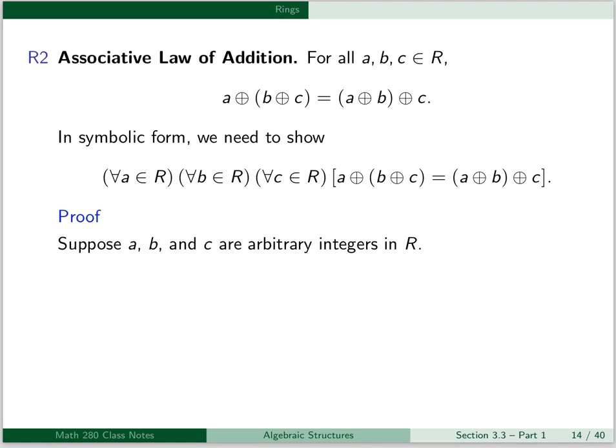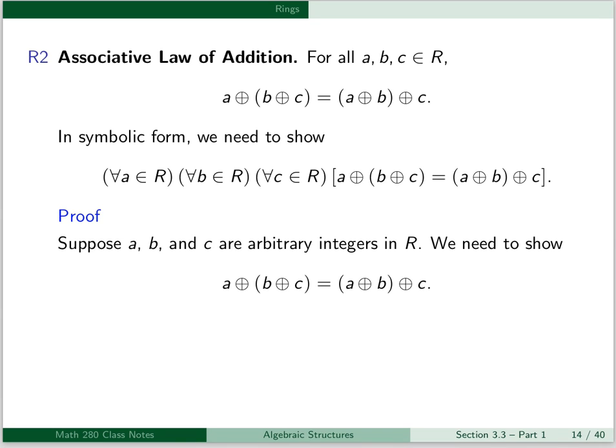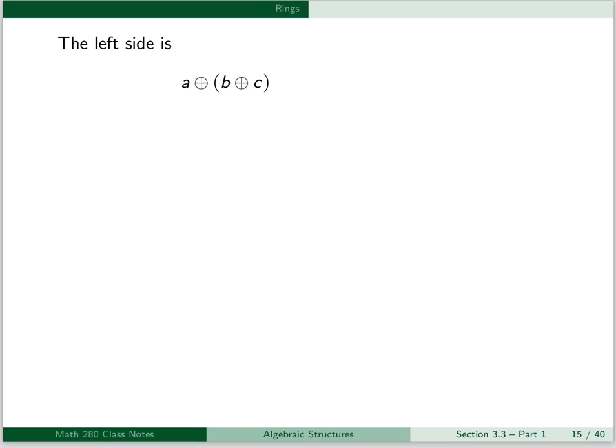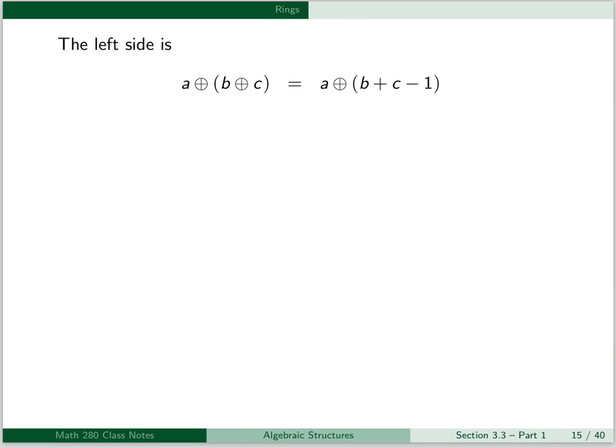So we'll start, suppose A, B, and C are arbitrary integers in R, and we need to show A circle plus the quantity B circle plus C is equal to the quantity A circle plus B circle plus C. The left side is A circle plus B circle plus C, which is A circle plus B plus C minus 1.